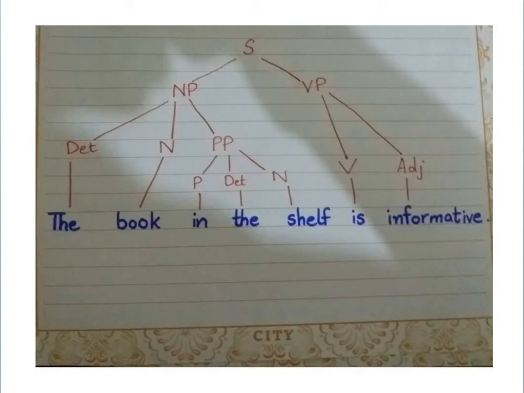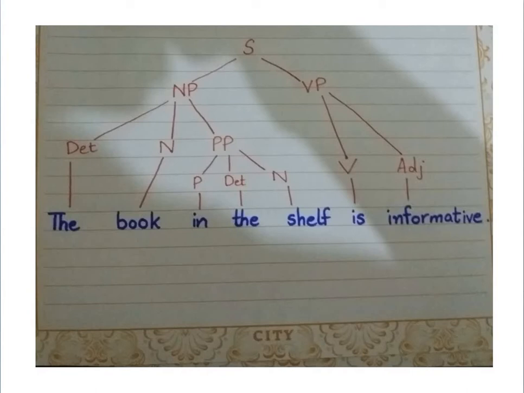The noun phrase again consists of a determiner, "the", "book", a noun. And now "in the shelf" is actually a prepositional phrase, which is acting as a preposition phrase in the sentence. So again, break the prepositional phrase: "in" is a preposition, "the" is the determiner, and then "shelf" is the noun.